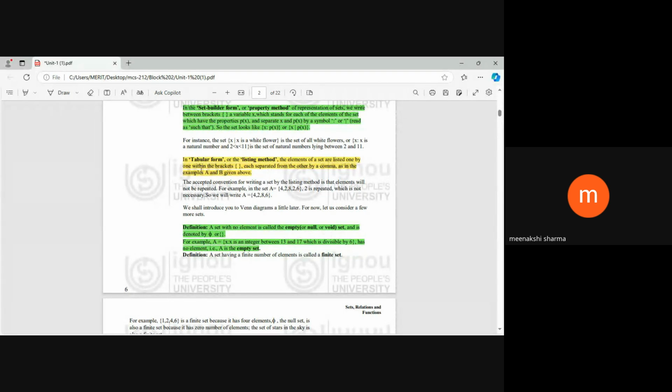Students, is the concept clear? What is the empty set or null set or void set? There is no element in this set. The empty set symbol is this.